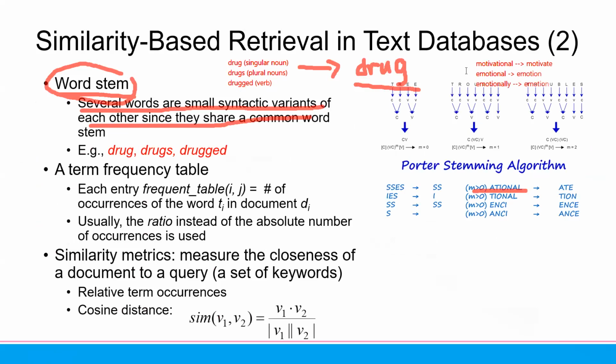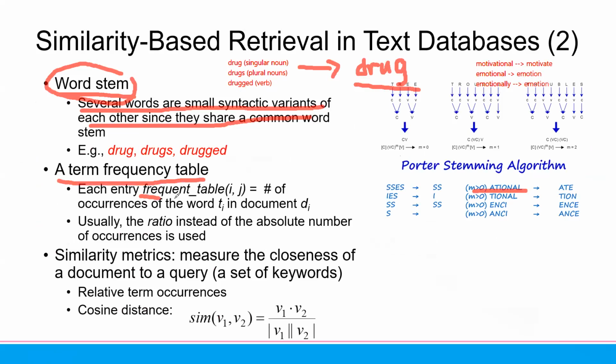So for every word like explanation, emotionally, or something that you want to expand in English, you need to find the original word. The original word is emotion. And after you do this stemming, you can calculate the frequency. So I want to know how many times the word emotion appears in your text.